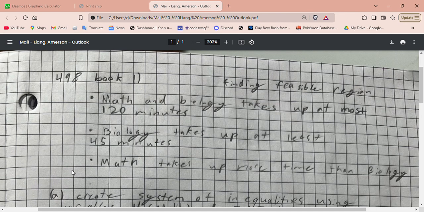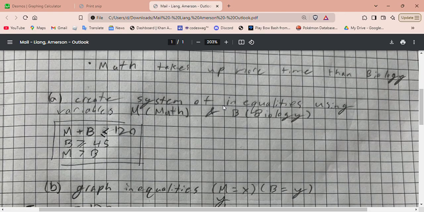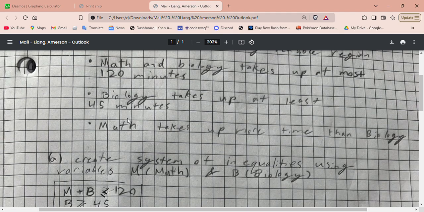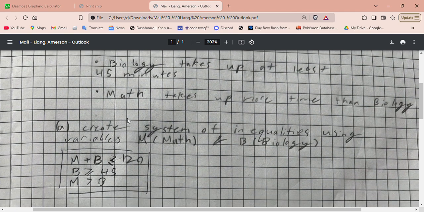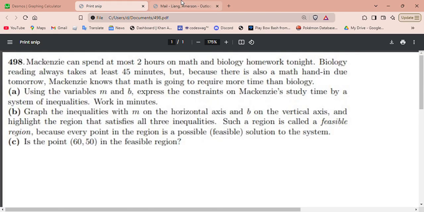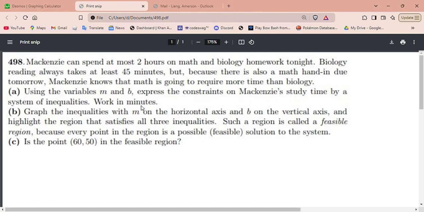For part A, I substituted m for math and b for biology, and used my statements to create these inequalities: m plus b is less than or equal to 120, b is greater than or equal to 45, and m is greater than b. Those were the inequalities I used for the rest of the problem. On to part 2 of the question.